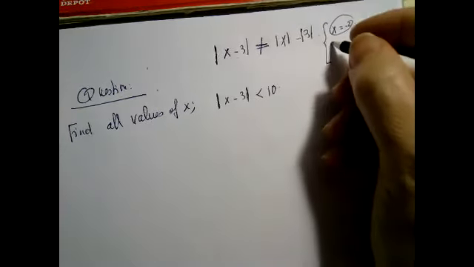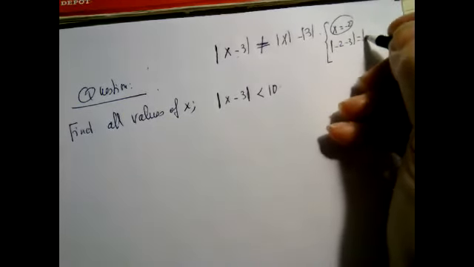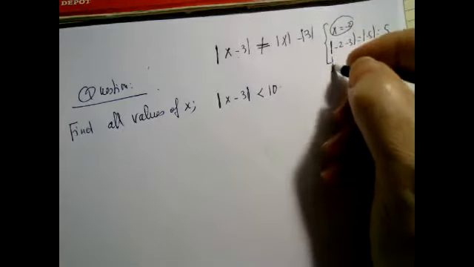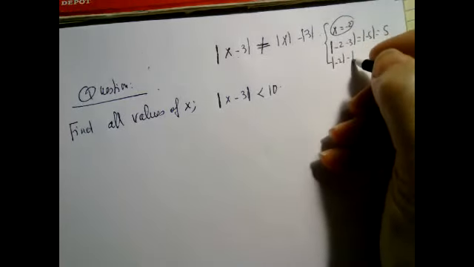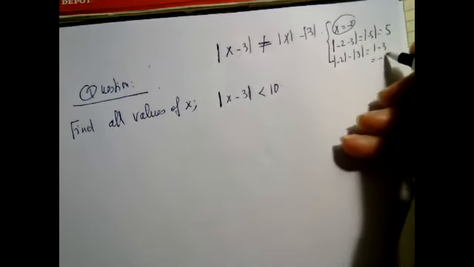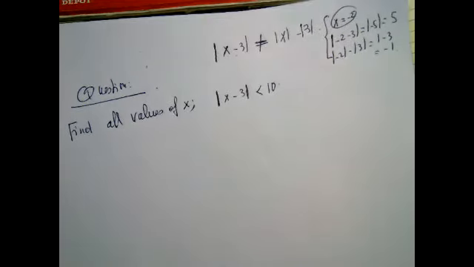The first term will give me minus 2 minus 3, the absolute value of minus 5, which is 5. The second will give me the absolute value of minus 2, which is 2, minus the absolute value of 3, so 2 minus 3 is minus 1. So absolutely, I cannot split the absolute value, and we have to be very careful with that.